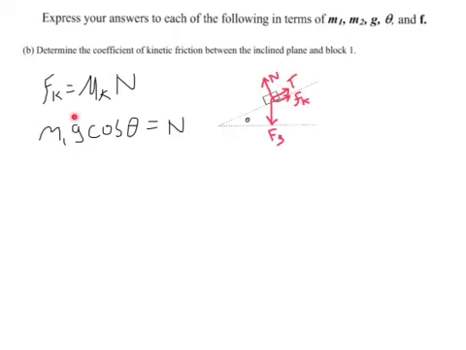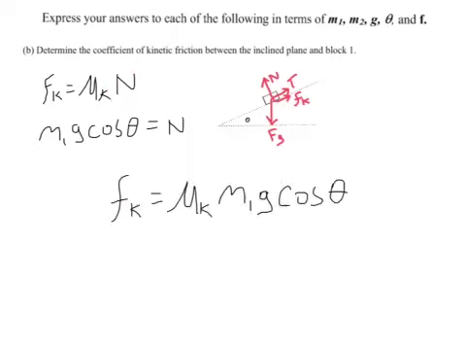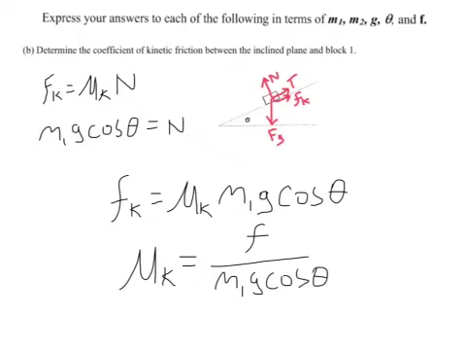All we have to do now is plug the normal force into our equation for friction, and then simply solve that for our coefficient of kinetic friction, where it would be F over m1g cosine theta.